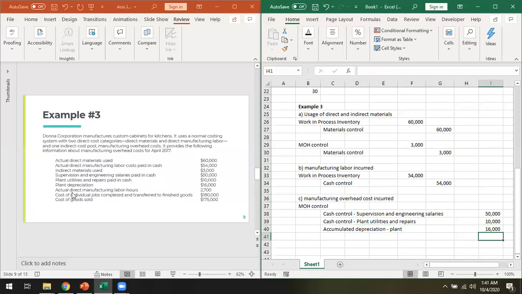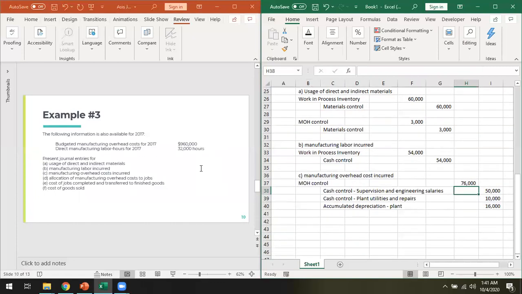Okay, so that's all the manufacturing overhead cost included. So the total of manufacturing overhead control is the sum of these numbers. We get $76,000. That's the manufacturing overhead cost included.